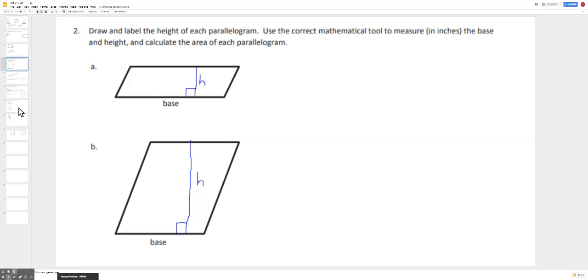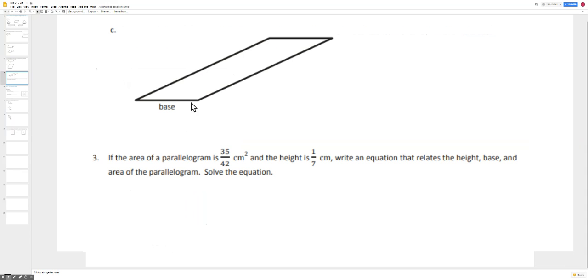All right, and the last one, there should be one more. There should be C. Well, if you look at this one, if this is the base right here, the opposite base is right here. I really can't draw a straight line from this all the way up to this line. Well, what we do is we extend the base out. We draw dotted lines; this is where the baseline is equal to.